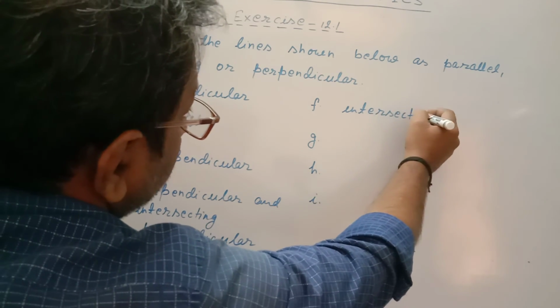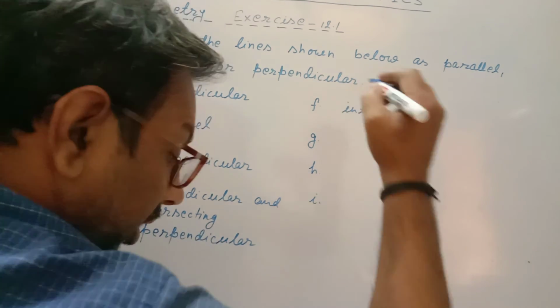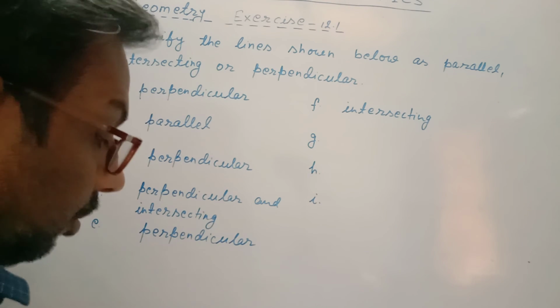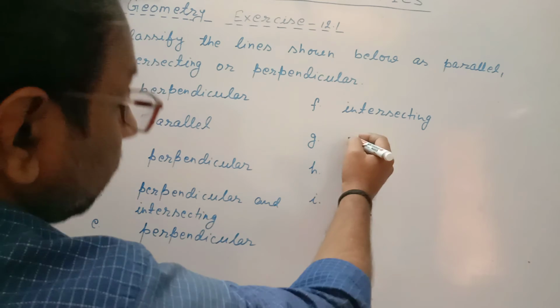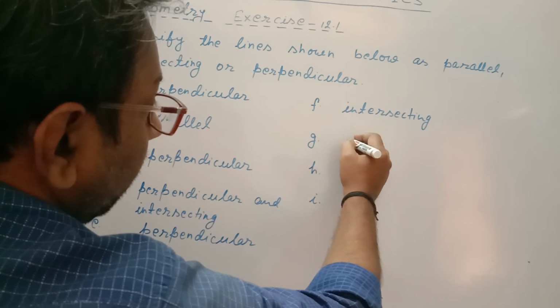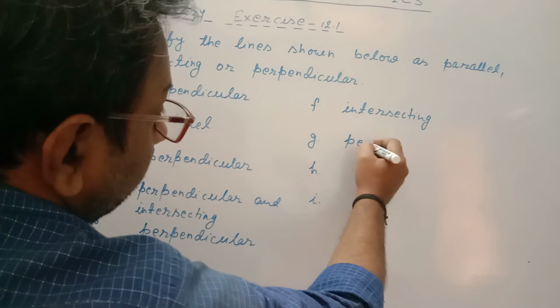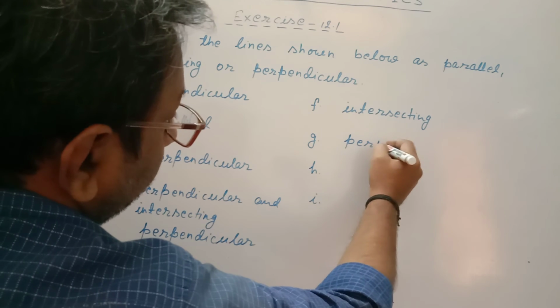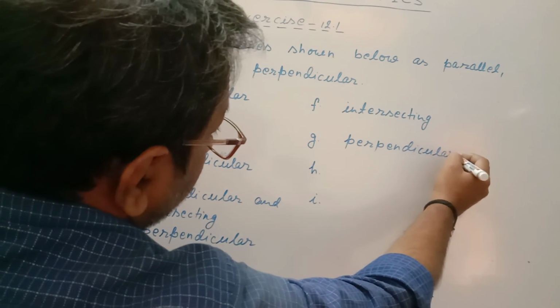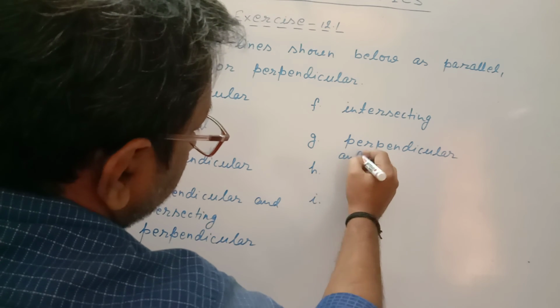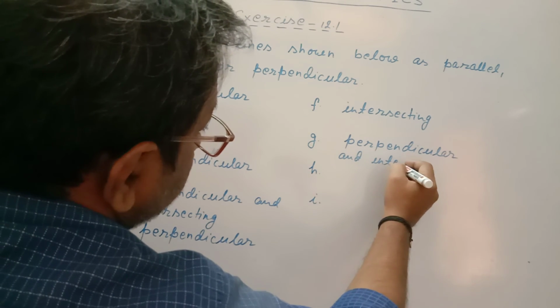Both lines are crossing each other at a point, so those two lines are intersecting lines. Question number G, again those are perpendicular and intersecting lines.